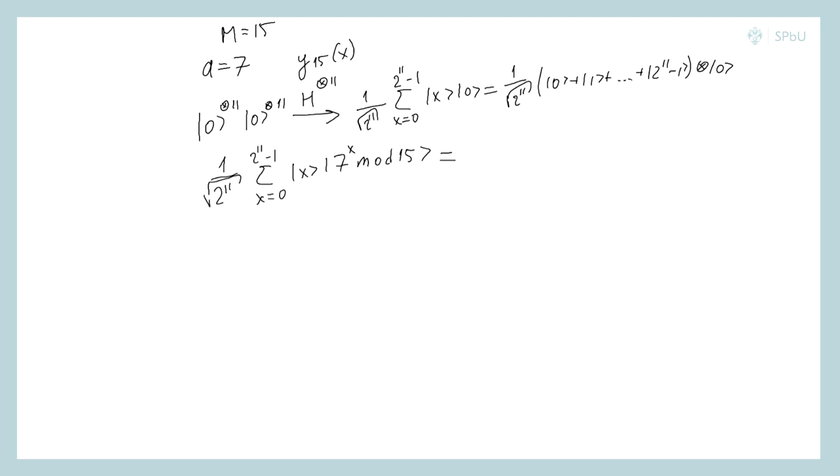We could calculate the y of x function and write down the following: 1 divided by square root of 2 to the power of 11, state 0 with the state 1 plus state 1 with the state 2 plus state 2 with the state 4 plus state 3 with 13 plus state 4 with 1 plus state 5 with 2, and etc. These numbers are just remainders of dividing 7 to the power of x by 15.